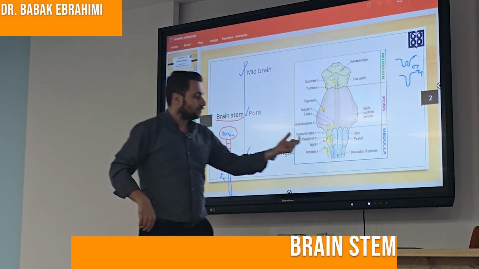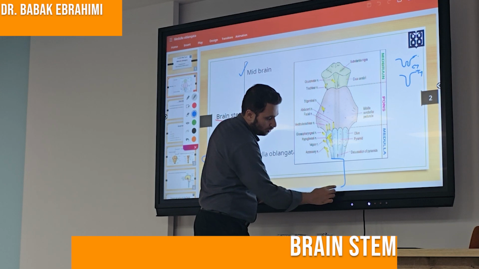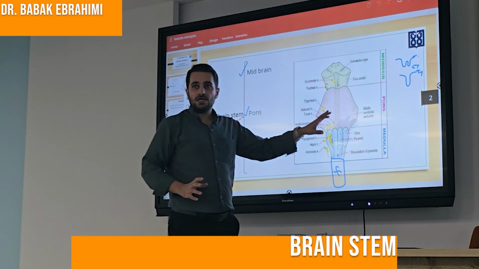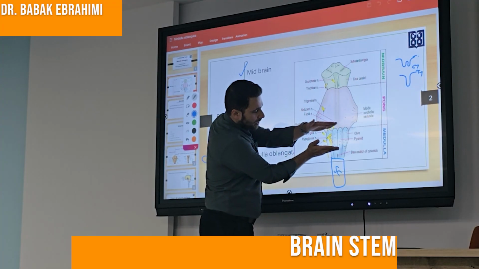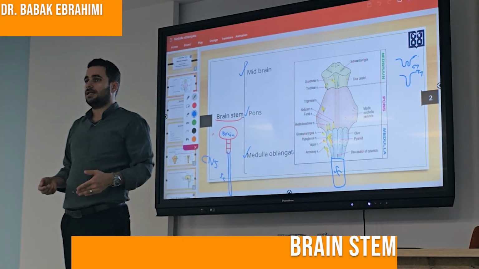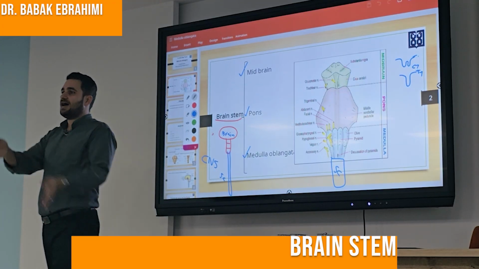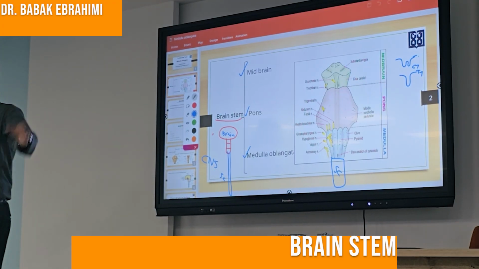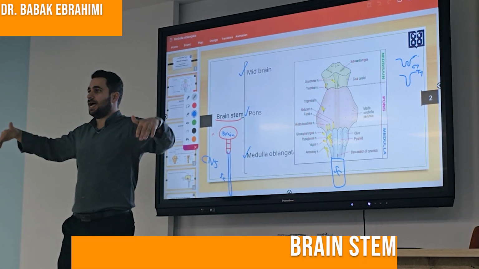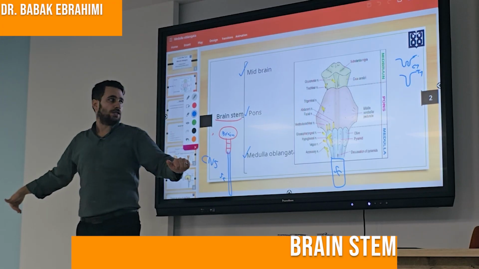And here, at this part we have spinal cord. The shape of the medulla oblongata is similar to the spinal cord. It means that at the medulla oblongata, again we have the anterior median fissure, anterolateral sulcus, posterior median sulcus, and posterolateral sulcus, same as the spinal cord.